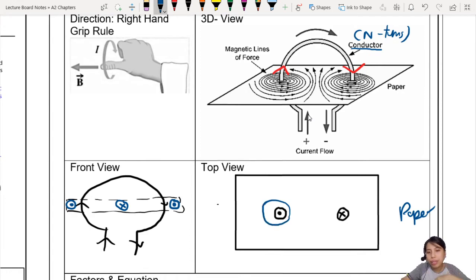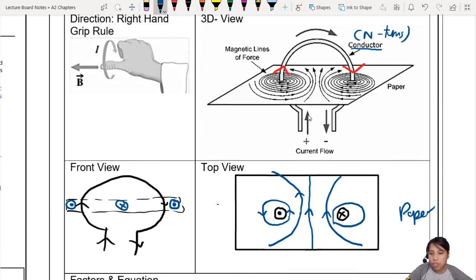Okay, out of the page means curling this way. Use your thumb. In the middle, it's very interesting. It might be a straight line like this going up. Okay, then the rest you just kind of shape it around like that. So it's helpful to practice drawing into the page, curl around like this. Okay, so that is how you can visualize magnetic fields if you have a loop like this.